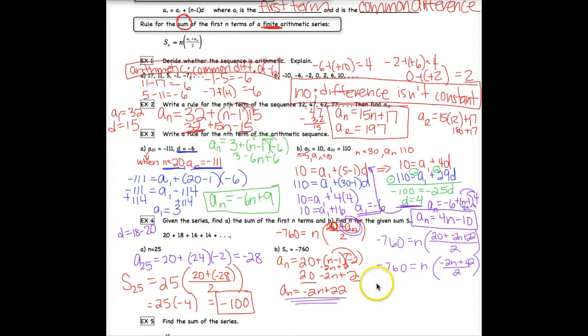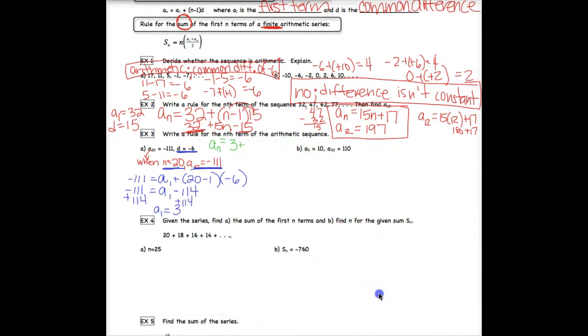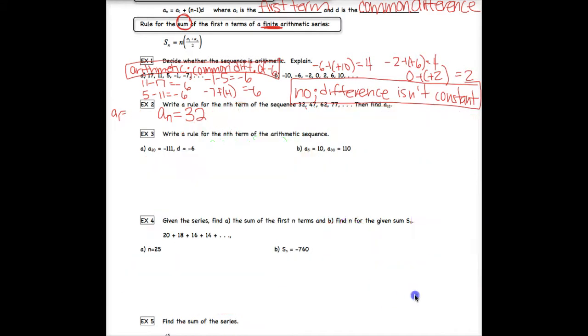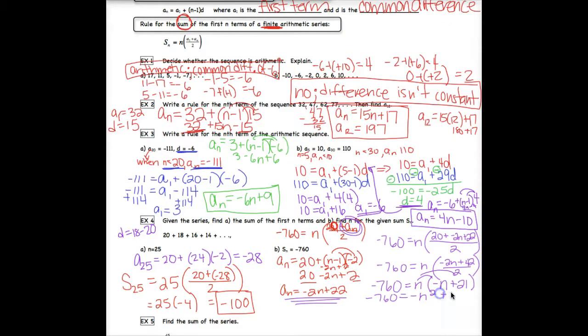If you don't notice that, you can still solve this equation without doing that, but it just makes your numbers smaller if you reduce your fractions. So that's going to give you negative n plus 21. So now distribute: negative 760 equals negative n squared plus 21n.